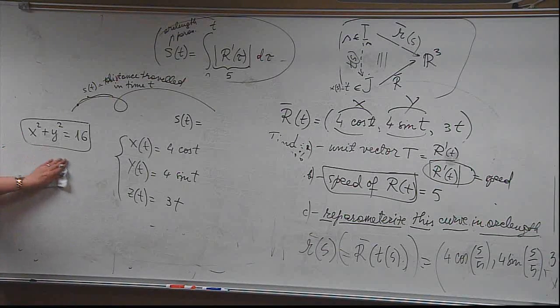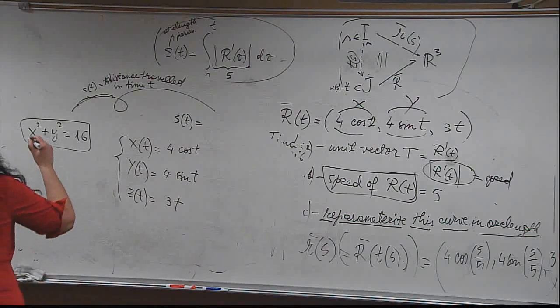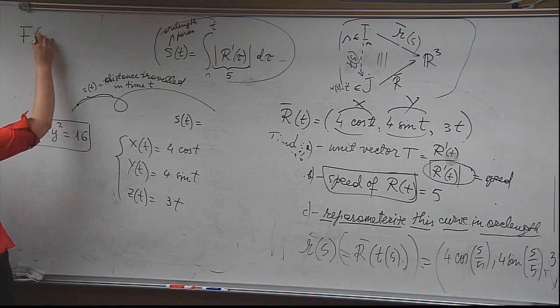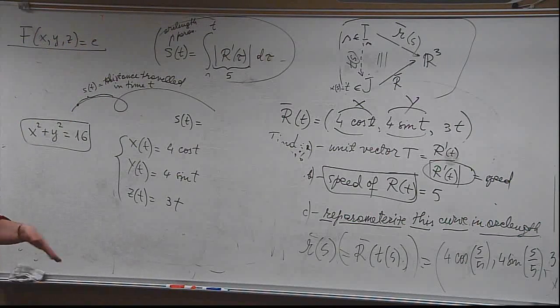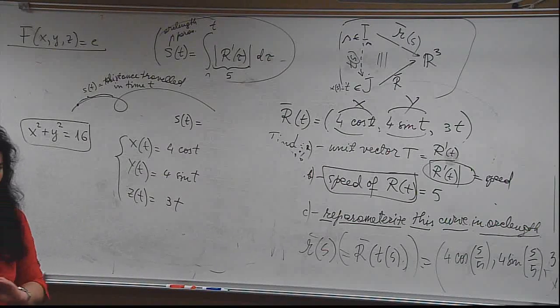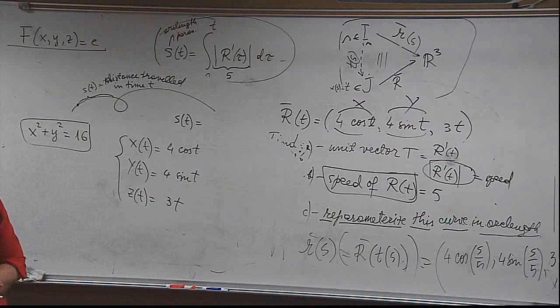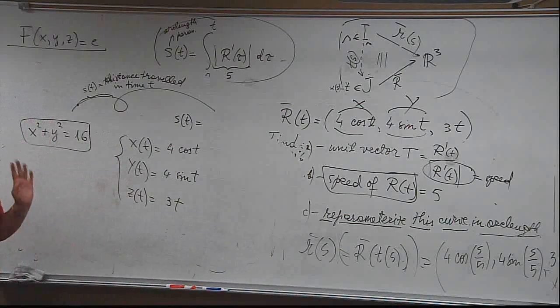Can anybody figure out what is the other surface? A surface will have an implicit equation of the type f of x, y, z equals a constant. So you have to sort of eliminate your parameter t. The heck with the time. We don't care about time, we only care about space. So is there any other way to eliminate t between the equations?